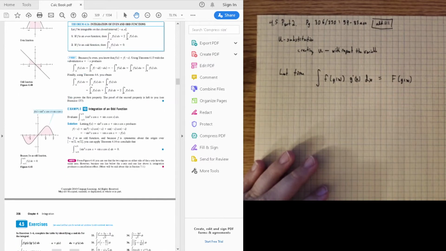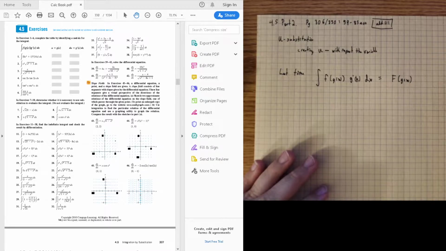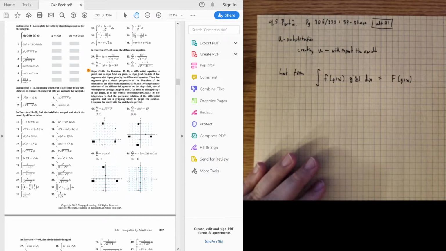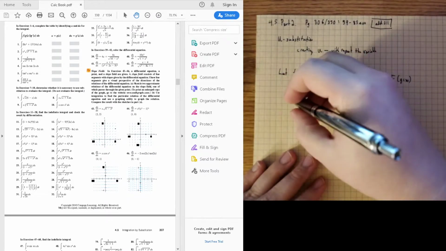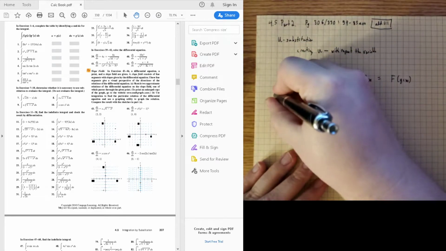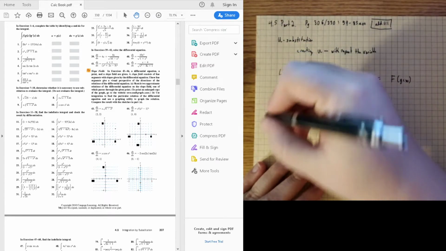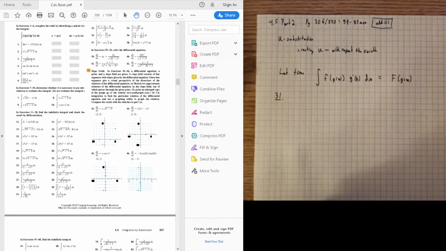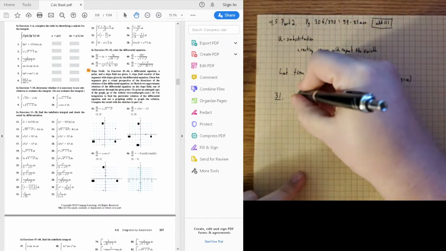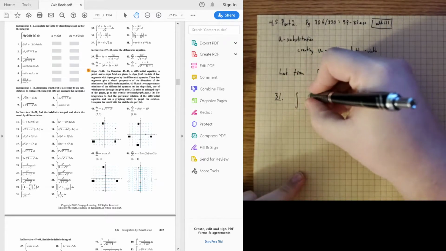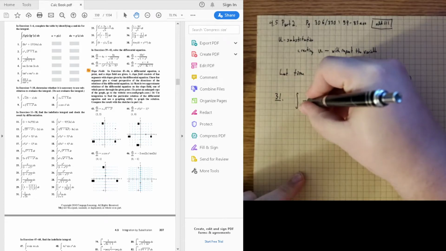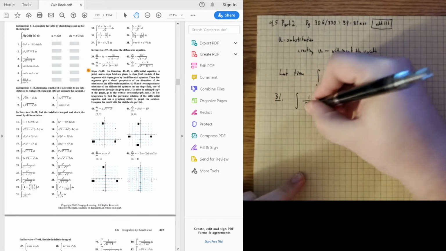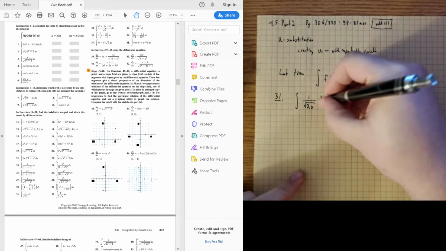In this case, let's go to your homework. It's not assigned, so let's look at number 31. 31 is a fantastic example that deals with how to solve an indefinite integral where you don't necessarily know all the components. So in 31, we have an integral of 1 over the square root of 2x dx.